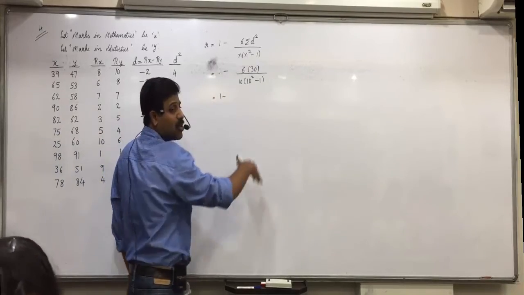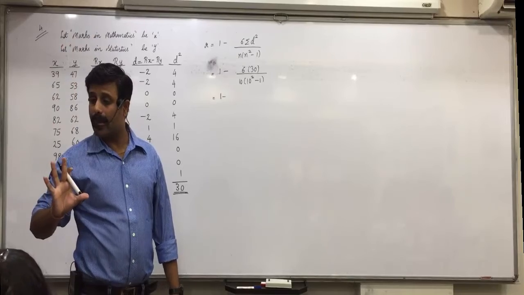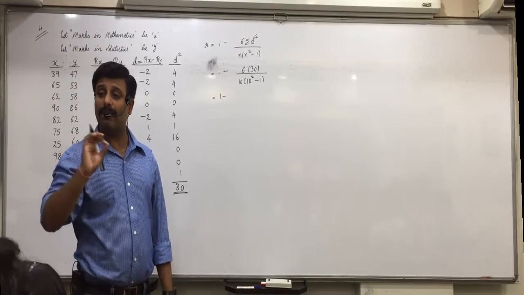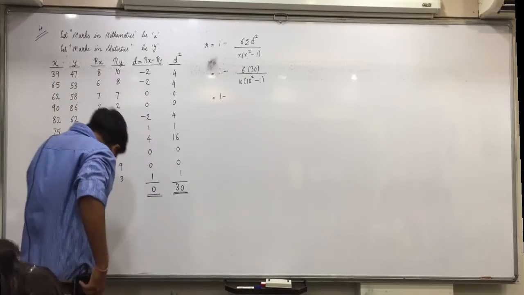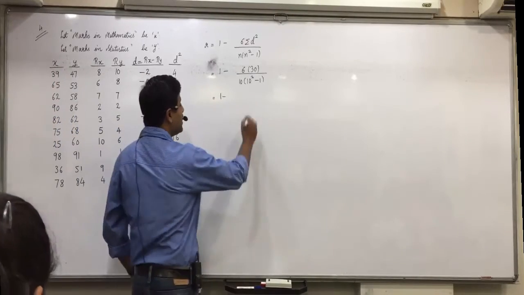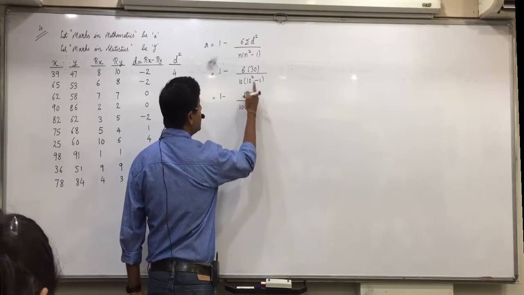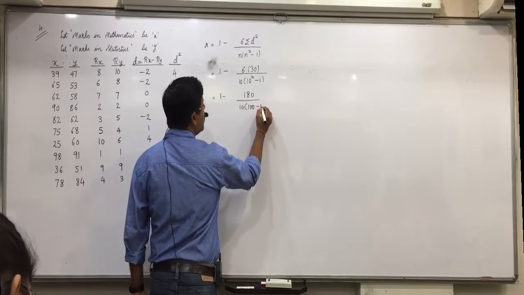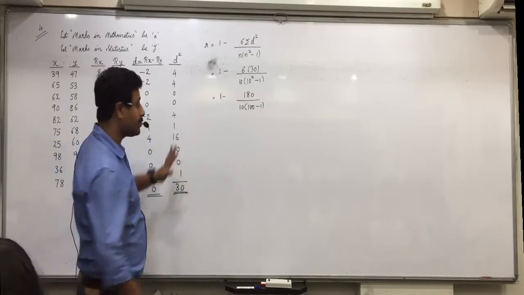Complete right side you have to solve first. 1 minus will do in the last step only. Okay? What is 6 into 30? 180 upon 10 into what is 10 square? 100 minus 1? Any confusion in that?